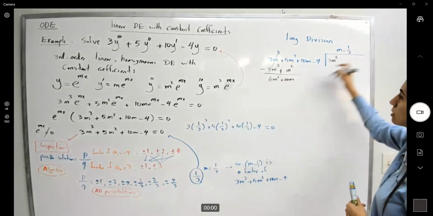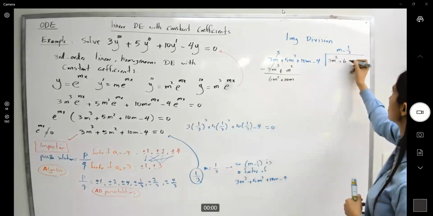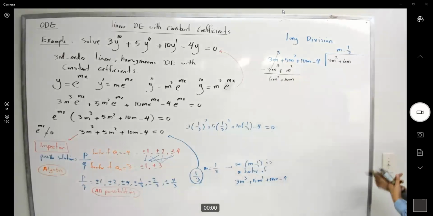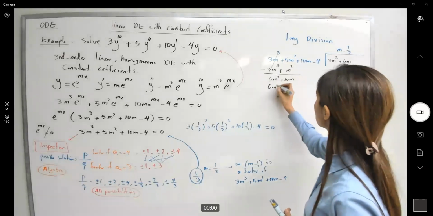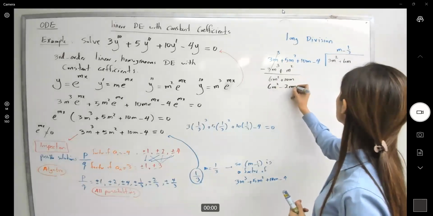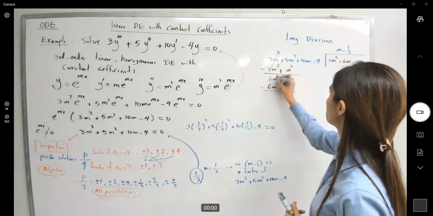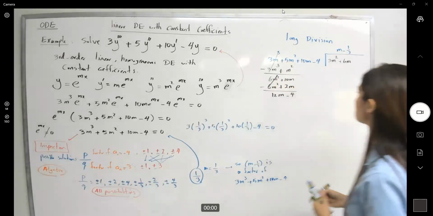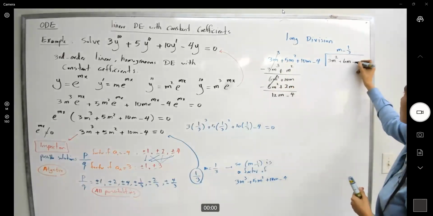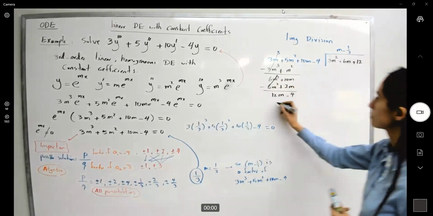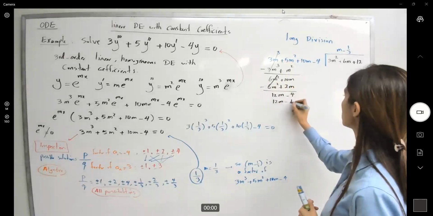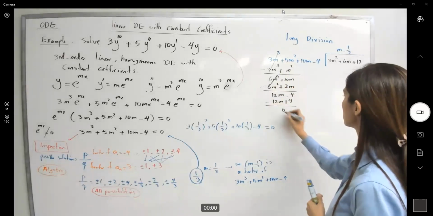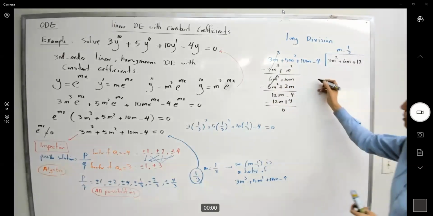So what's missing? 6m is missing, multiplied by 6m. So we get 6m squared minus 2m, do the subtraction, and you get 12m minus 4. Here you have plus 12. You get 12m minus 4, do the subtraction, the remainder is 0. So what's the meaning of that?